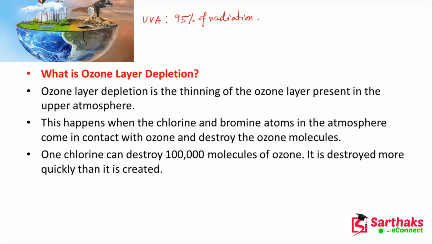95% of radiation reaches the Earth's surface. Because in the picture you have seen UVA, B, C. So I'm just describing the effects of this type of radiation.